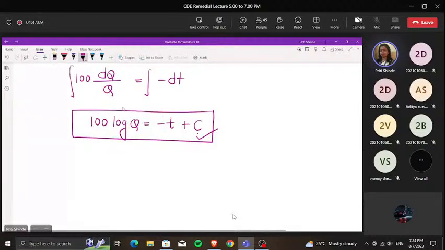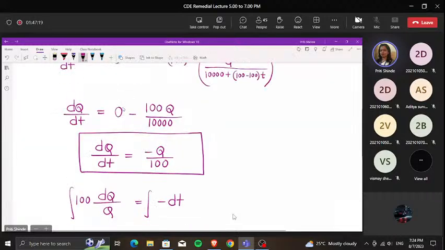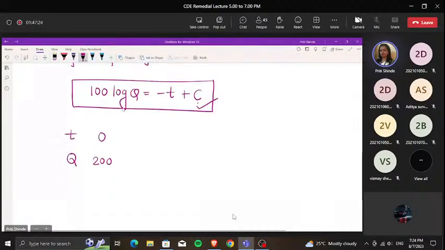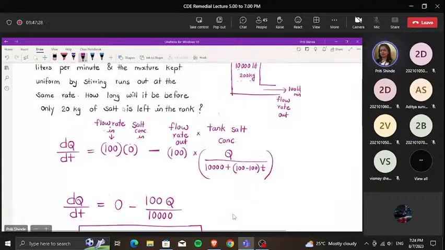So find the time when the amount of salt is 20 kg.